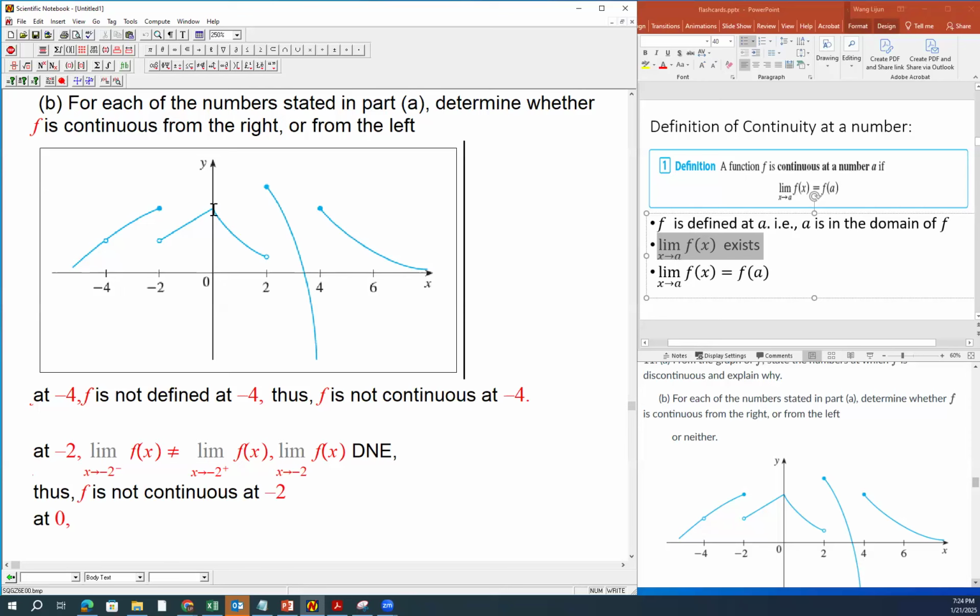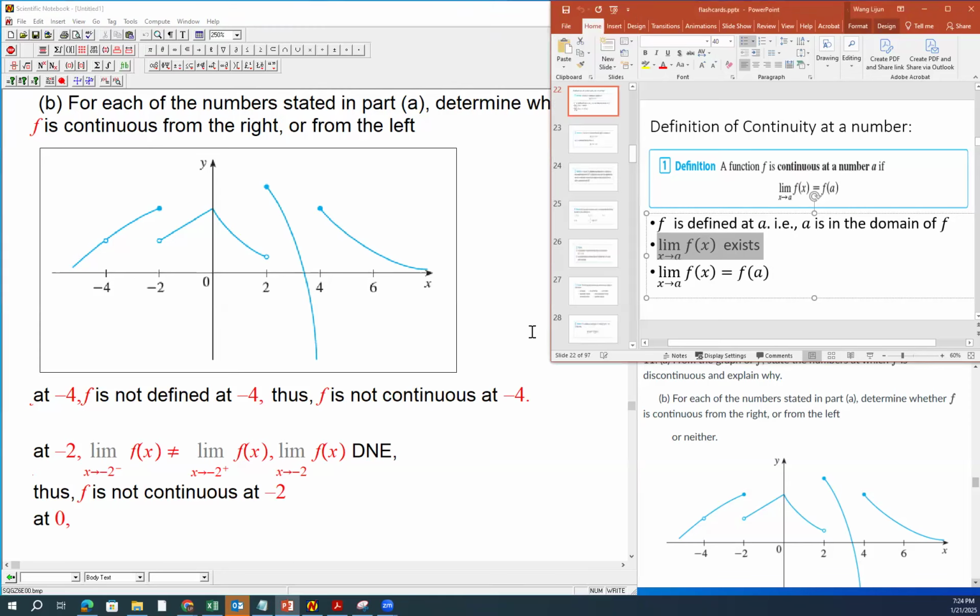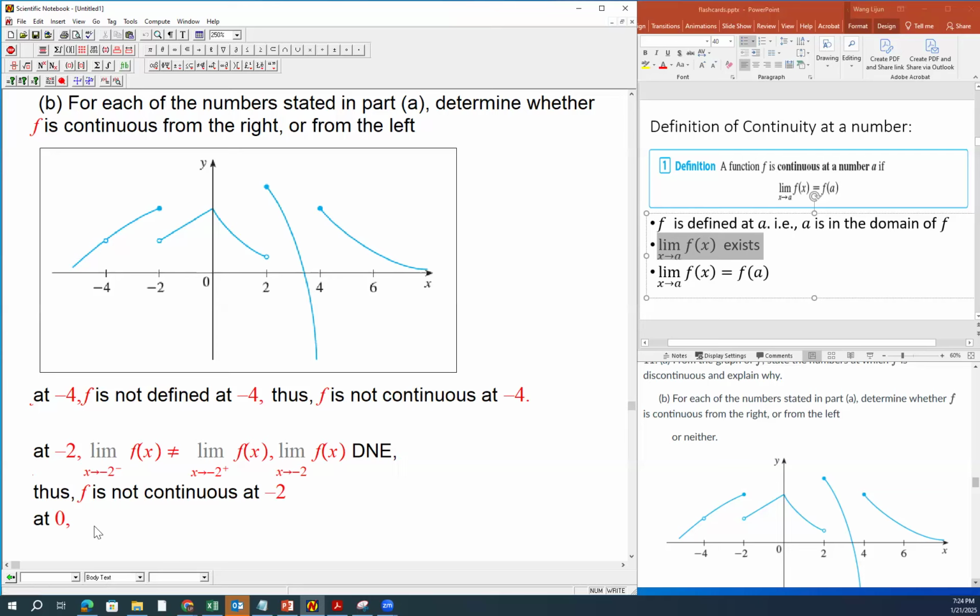Well, the function obviously is defined at 0. All three conditions are satisfied. So f(0) is defined, the limit from left and limit from right are the same, so the limit exists, and the limit is the same as the function's value at 0. So at 0, it is continuous.